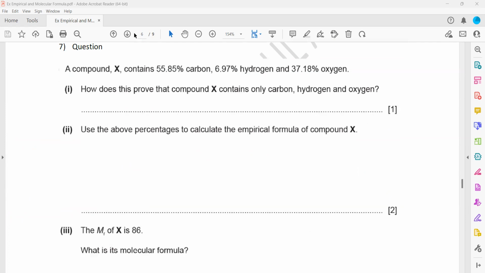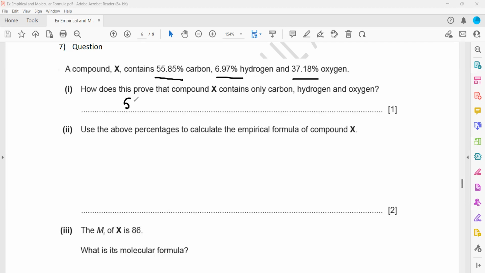Then a compound X is there, which is having 55.85% carbon, 6.97% hydrogen and 37.18% oxygen. How does it prove that compound contains carbon, hydrogen, and oxygen? How do we know that these are the only elements and there is no other element?